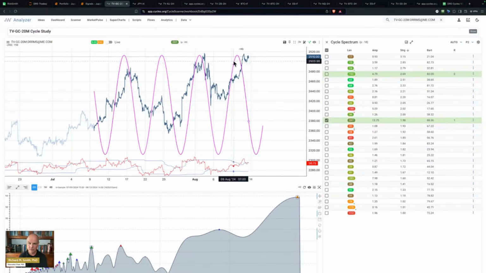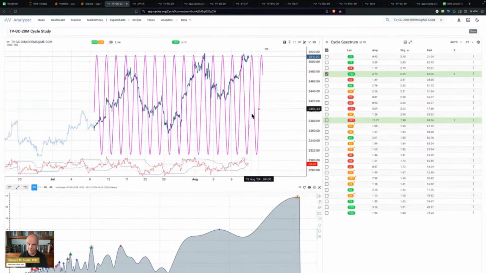Actually, it looks like it's topping based on this latest data. Let's try this 102 cycle down here. That's a little more bullish, but again, this is 20-minute data, not my primary focus. But when I'm going to take a position in a 2-hour chart, sometimes I'll go look at the 20-minute data to see if I could time my entry a little bit better.